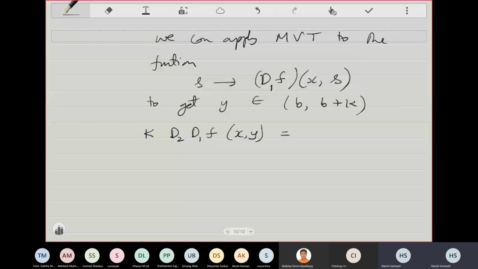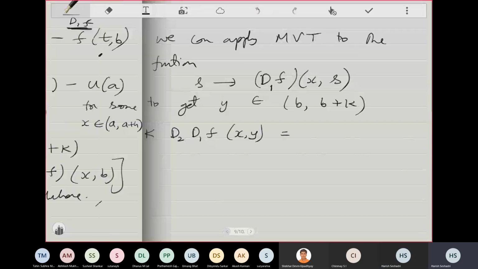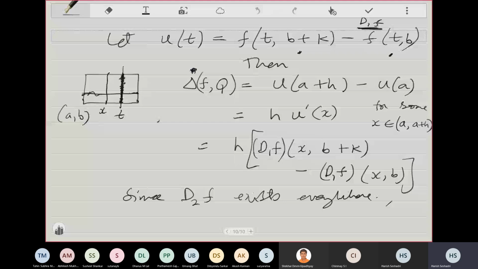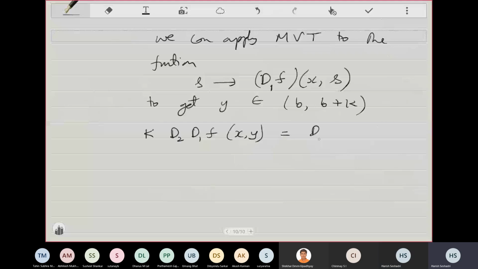This should be equal to d1f at (x, b plus k) minus d1f at (x, b).